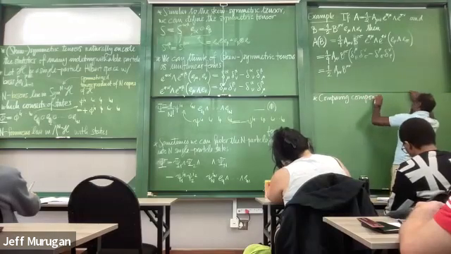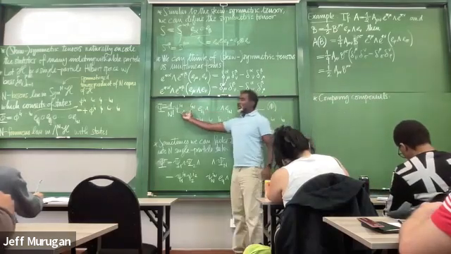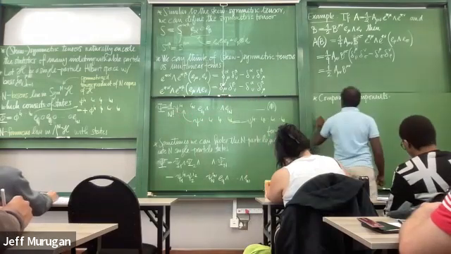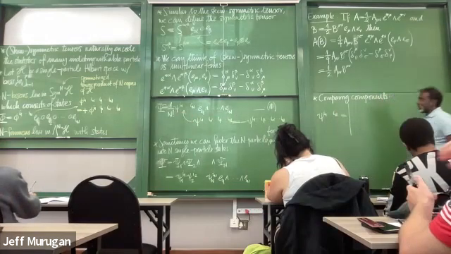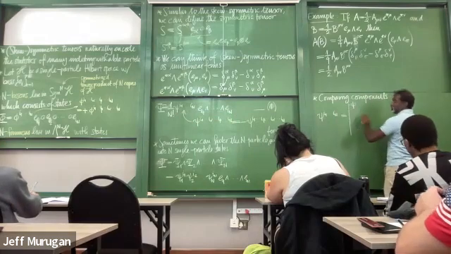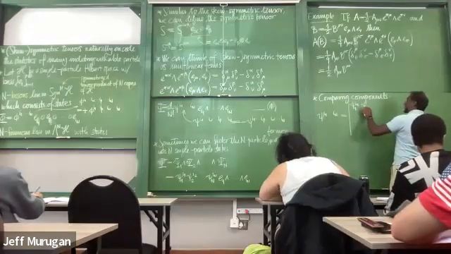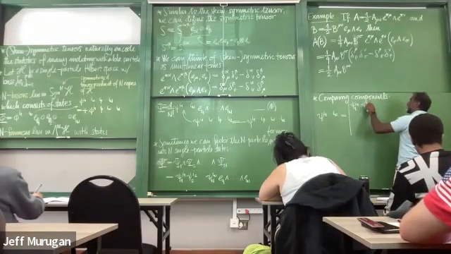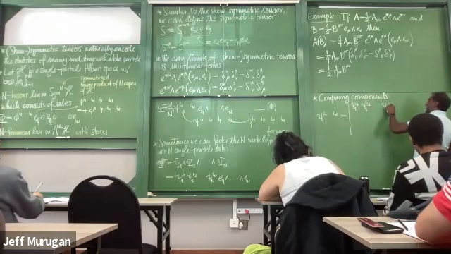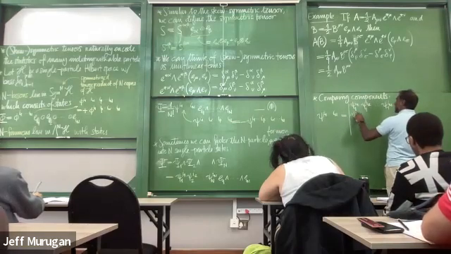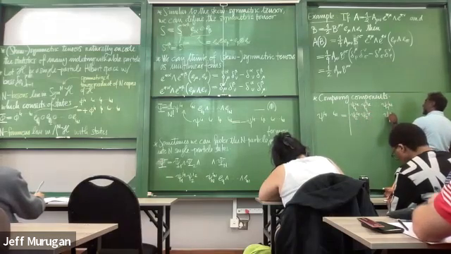By comparing components, I can see that this guy here, the rank n tensor psi I1 to In, is nothing but the determinant of psi 1 I1, psi 1 I2 all the way through to psi 1 In, psi 2 I1, psi 2 I2 through psi 2 In, and so on.